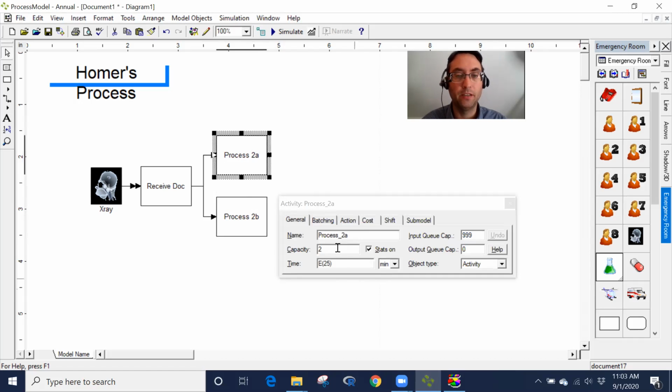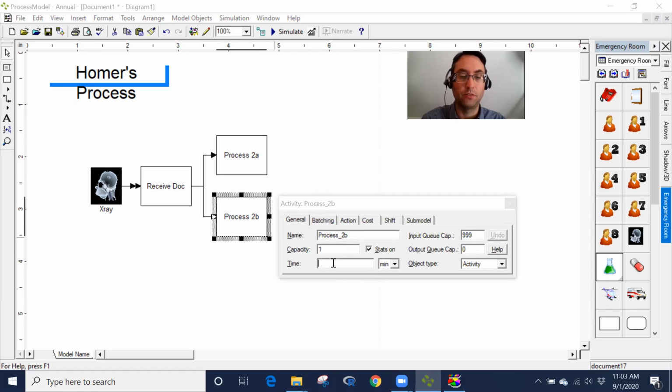Here, the capacity for 2A will be 1, and the capacity of 2B is 1, and the exponential of the time of 2B will be 125. So before I had one step with a capacity of 2 for that process, and you could do exponential 25.